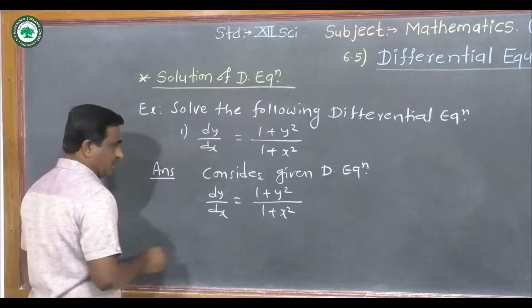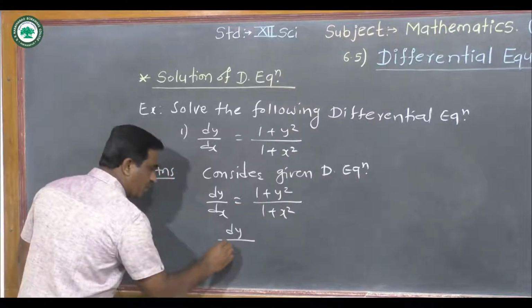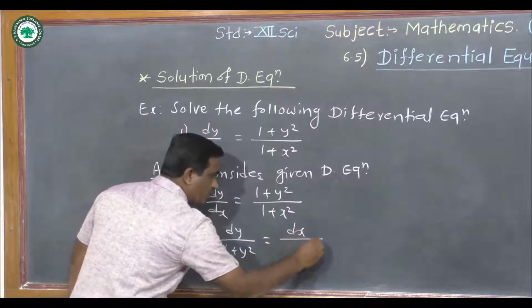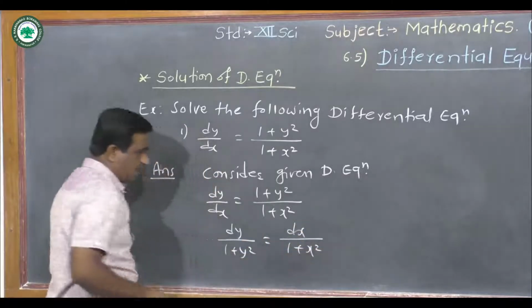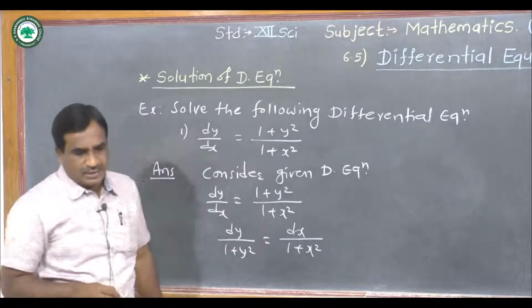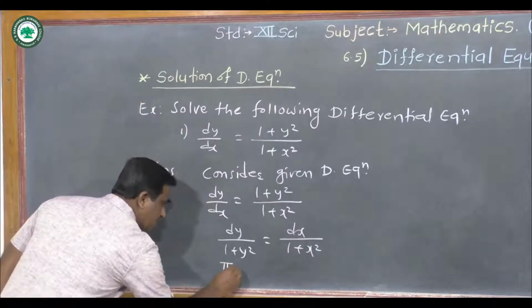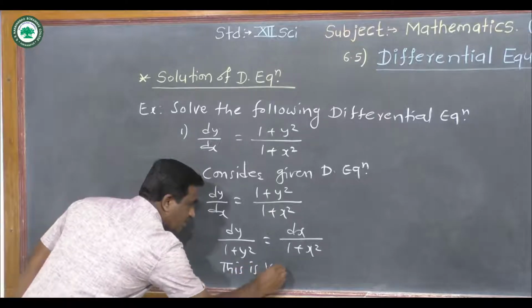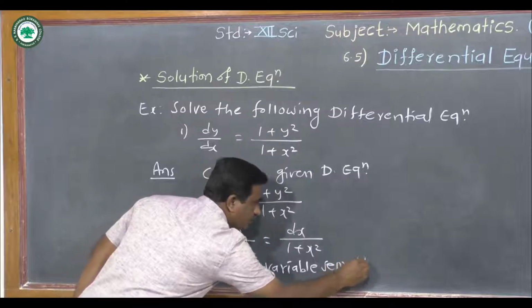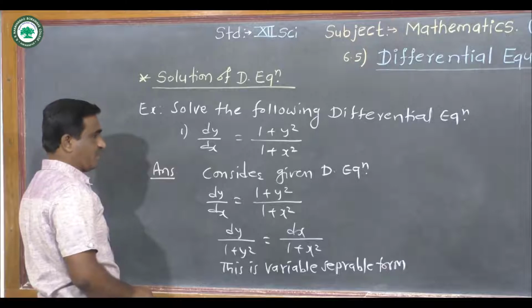That is, we can write dy upon 1 plus y square equal to dx upon 1 plus x square. That is, take terms of y to the LHS and terms of x to the RHS. This is the variable separable form of the given differential equation.